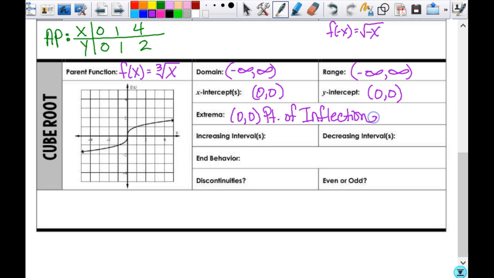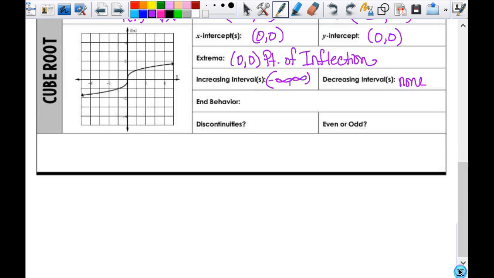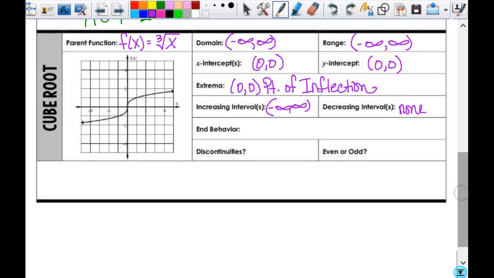Does this increase anywhere? Do I have any increasing intervals? Yes, whole thing, right? So negative infinity to infinity, and that means there are no decreasing. And then my end behavior, as x approaches infinity, f of x approaches what?